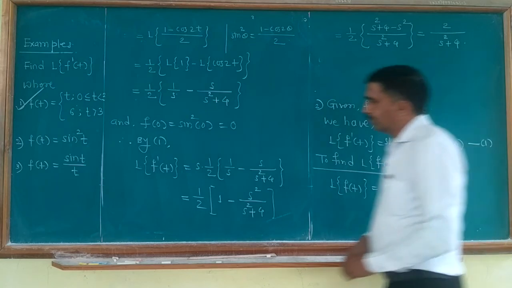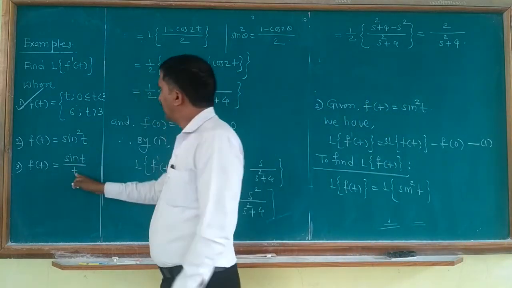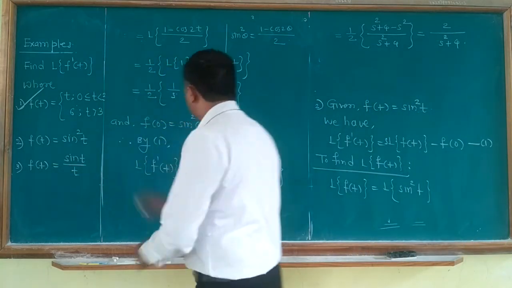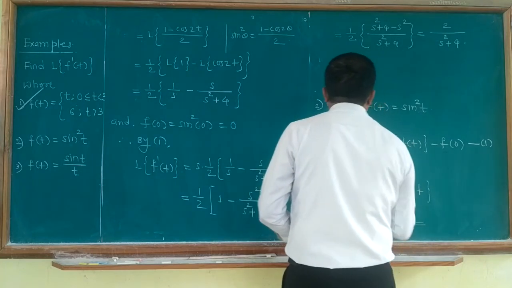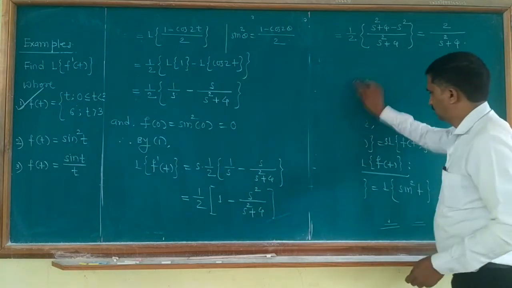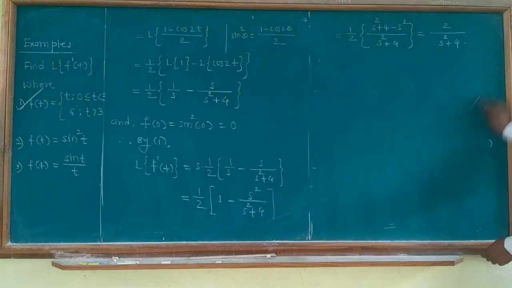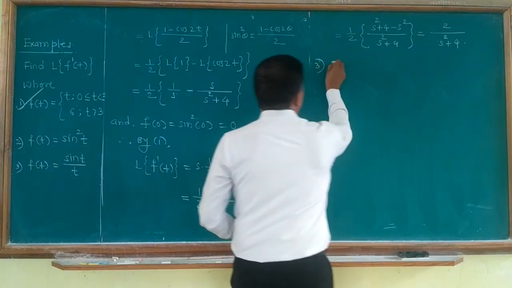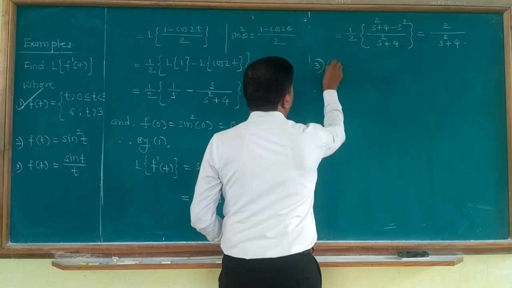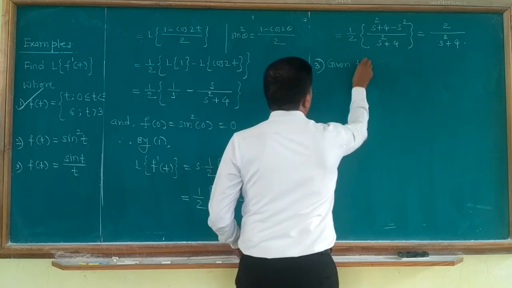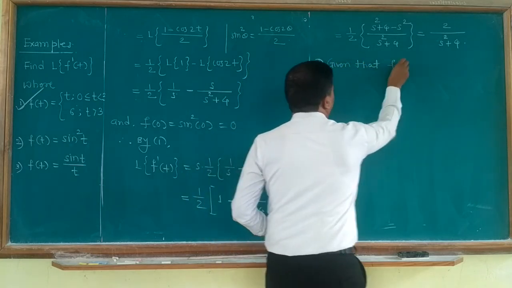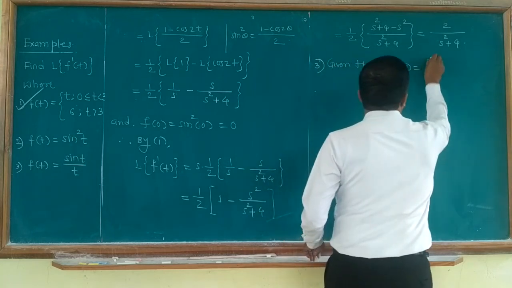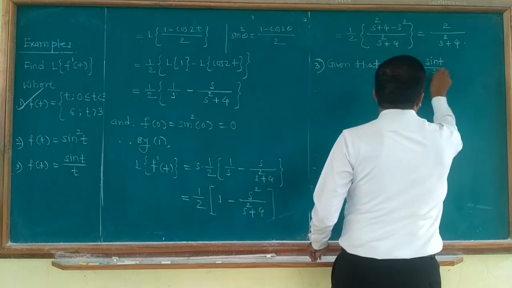And finally, for this one, to find Laplace of f dash t with f of t is equal to sin t upon t. So let us consider, given that f of t is equal to sin t divided by t.